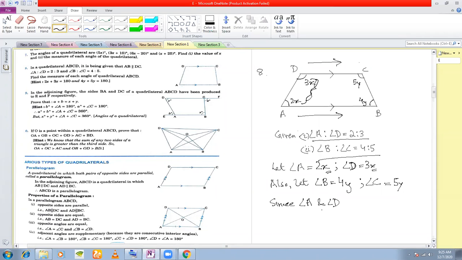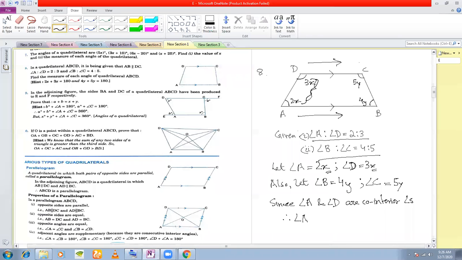Anyone has any problem with co-interior angles? No, sir. You have heard the term before? Yes, sir. Fine. So angle A and angle D are co-interior angles.